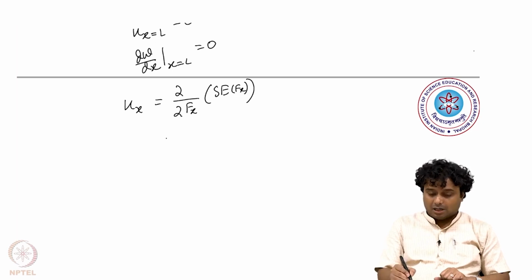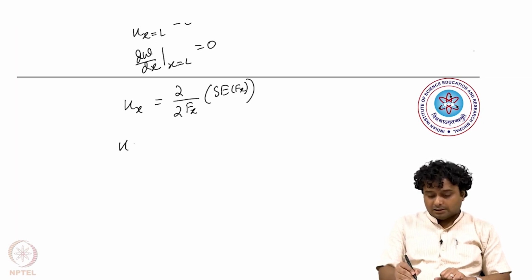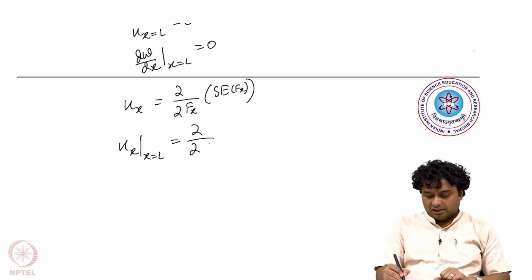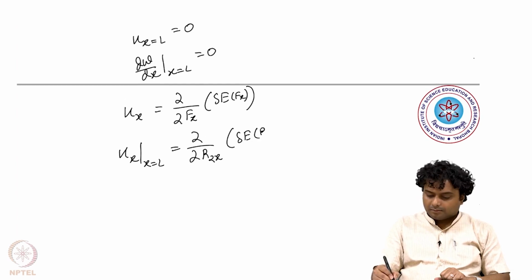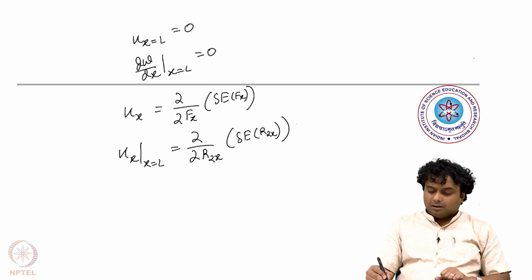That is the reaction force R2x. So ux for x equals L is equal to the partial derivative of the strain energy with respect to R2x, and this equals 0 according to our boundary condition 1.